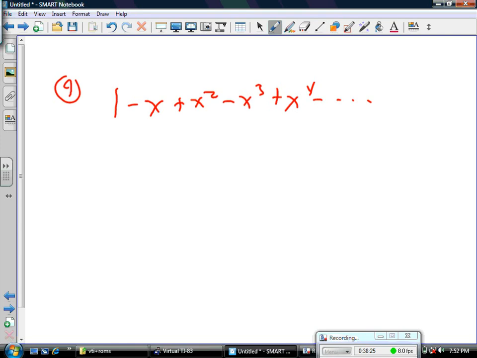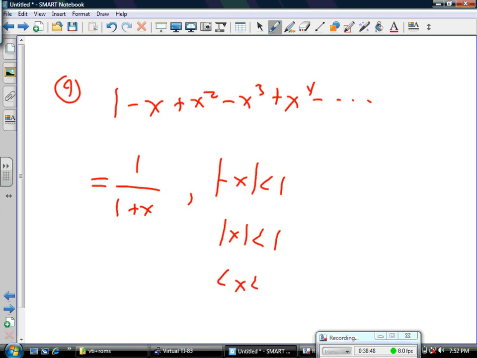A is 1, r is negative x. So this adds up to 1 over 1 minus r, which was negative x, so 1 plus x. This is only valid if r in absolute value is less than 1, which is the same thing as this, which is the same thing as this.